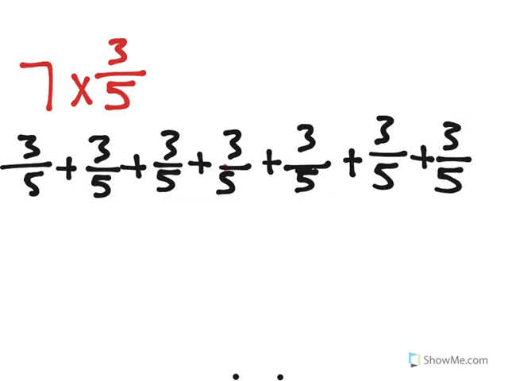And when we add 3/5 7 times, you get 21/5.